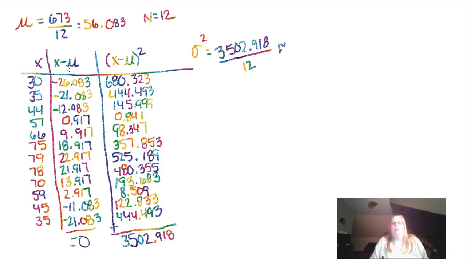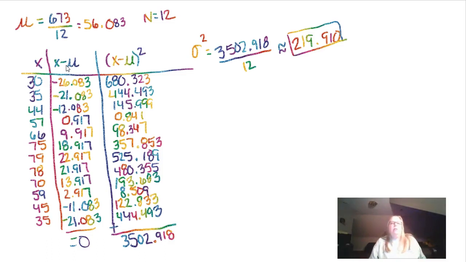And if we put an approximation in here, we're going to get 219.910. So there is our variance.